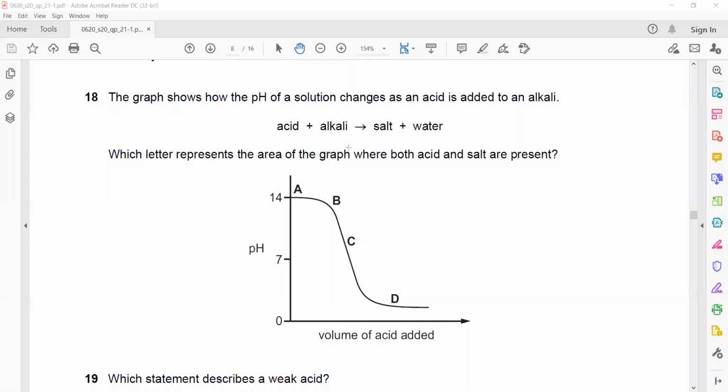When you divide the graph into regions, the upper region is the alkaline region and the bottom is the acidic region. So the only part in the acid region is D. So you will have acid here, which means all of the alkali is used up. You are left with acid and the salt which is produced.